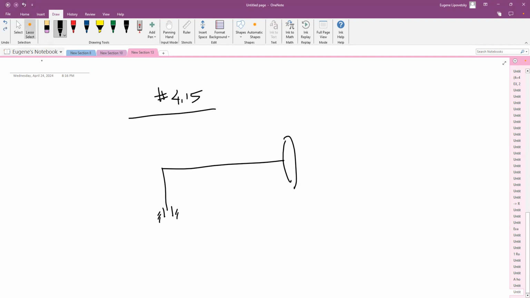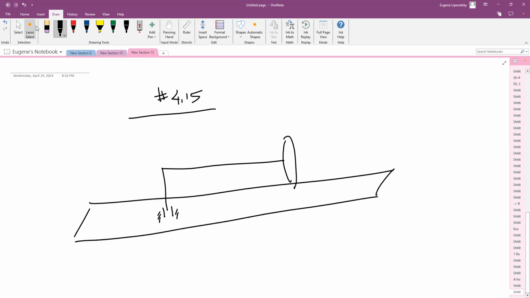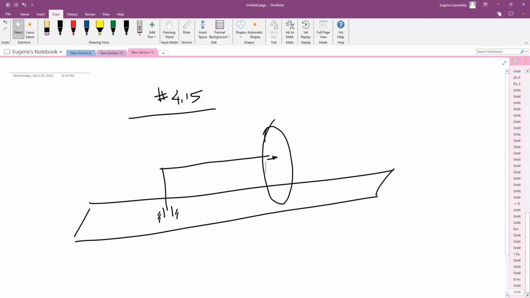So that's a wheel. And we have, let me just copy it.